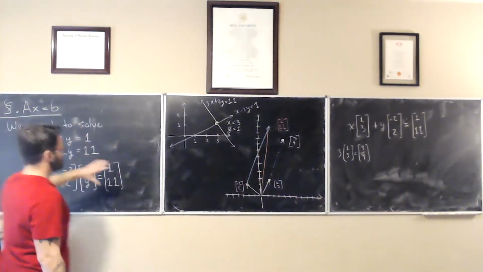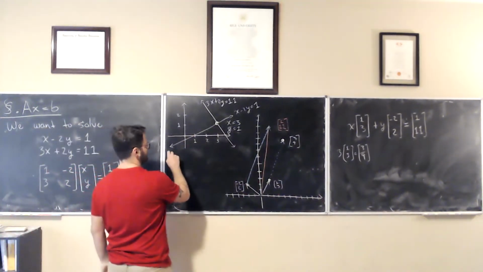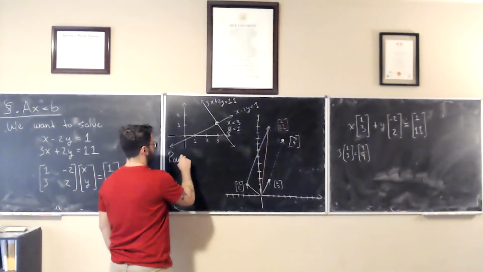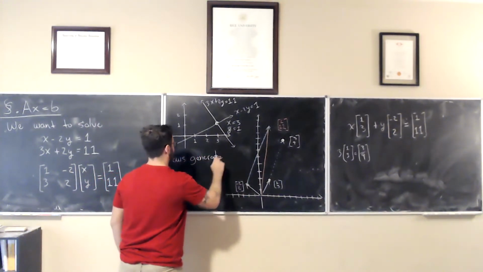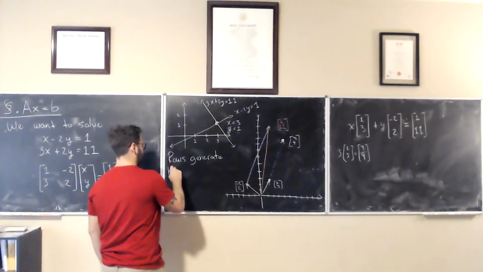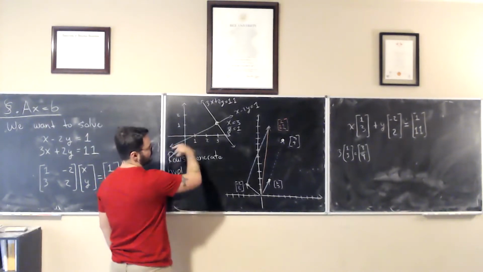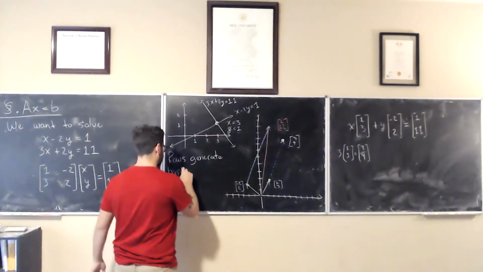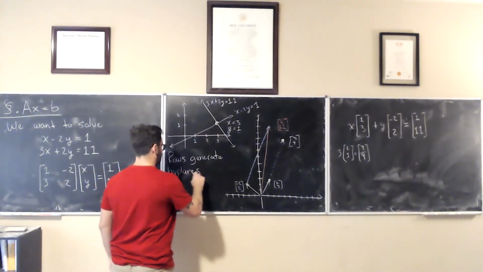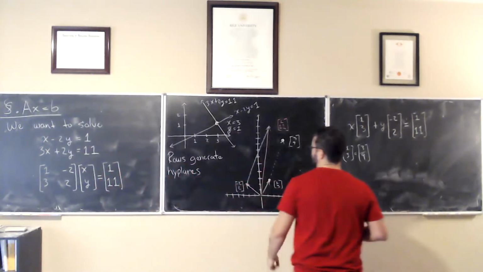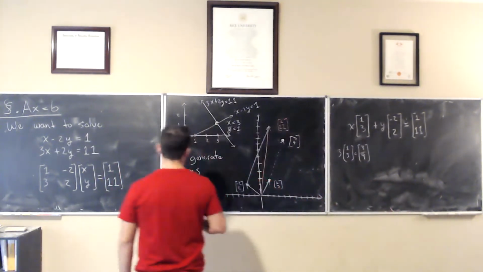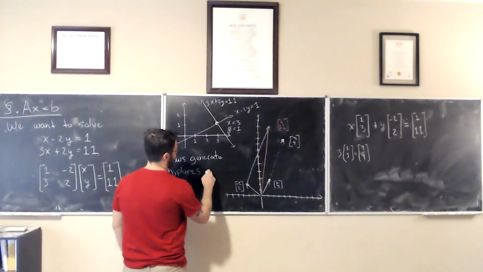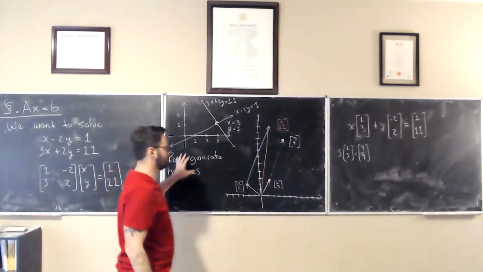So the rows will generate hyperplanes. A line is a one-dimensional hyperplane. Whereas rows generate hyperplanes, and we want intersections of those hyperplanes for rows.